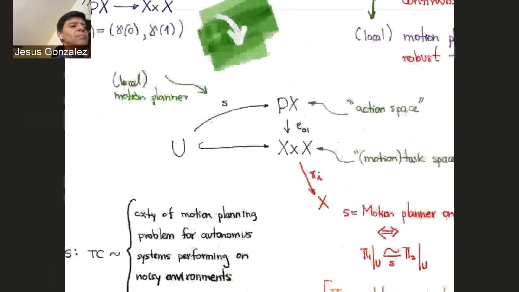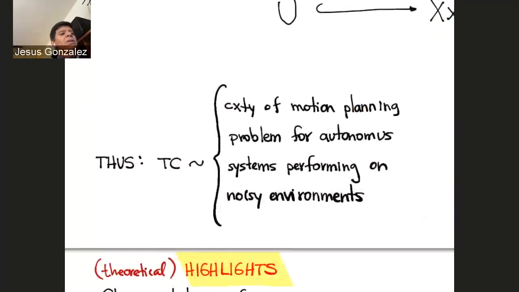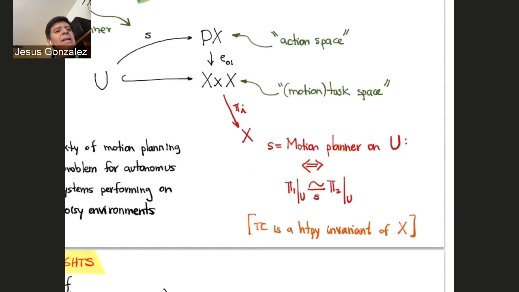So all in all, topological complexity would be a way of measuring the complexity of motion planning for autonomous systems that perform in noisy environments. Okay, so that's basically the main idea.